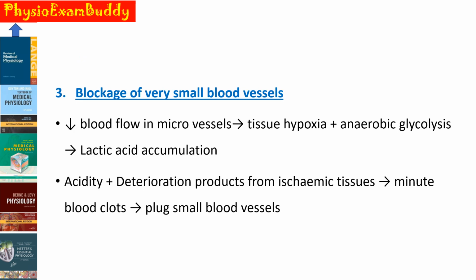Next is the blockage of very small blood vessels, which is another feature of refractory shock. In time, blockage occurs in many of the very small blood vessels in the circulatory system due to sluggish blood flow in the micro vessels. The tissue hypoxia as a result of this becomes worse and anaerobic glycolysis can occur.